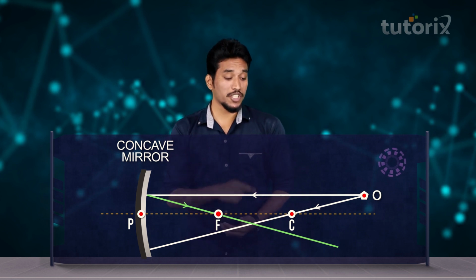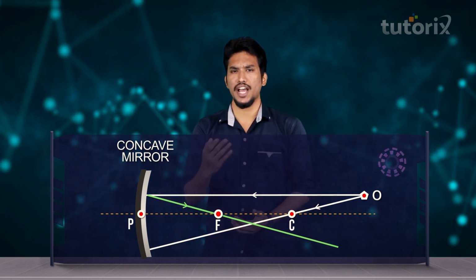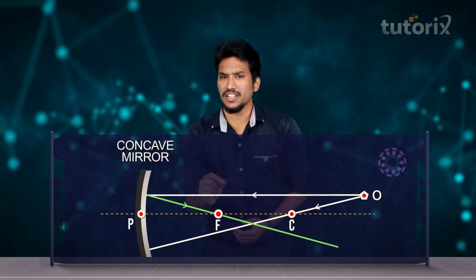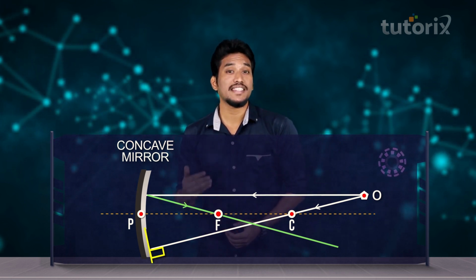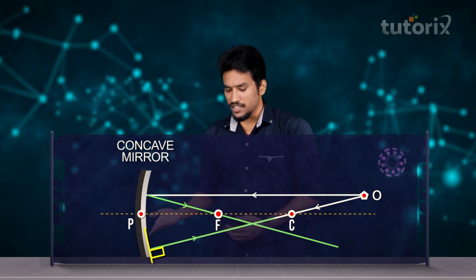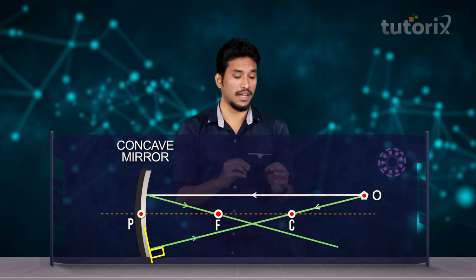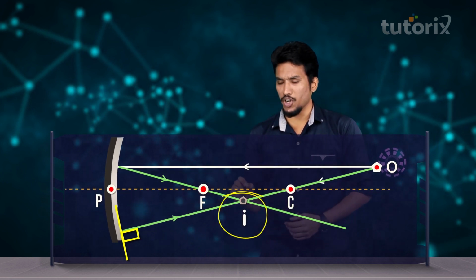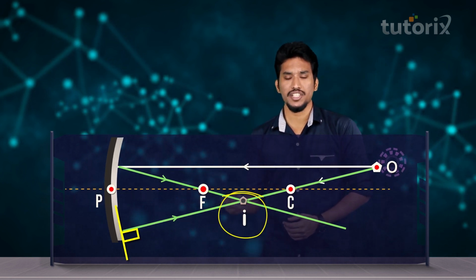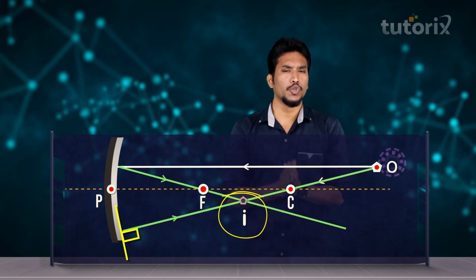Now the other one, which is passing through the center of curvature, as you know, whenever it is incident normally on the spherical mirror, it reflects back along the same path, right? So as you can see, it is just passing through the center of curvature back along the same path but in the opposite direction. So this point I is the point of intersection of the two rays.